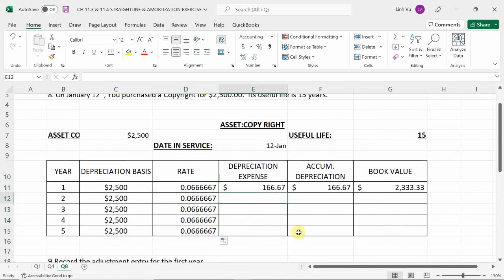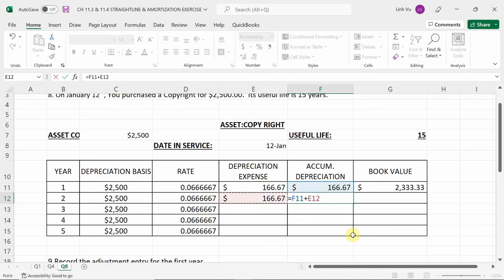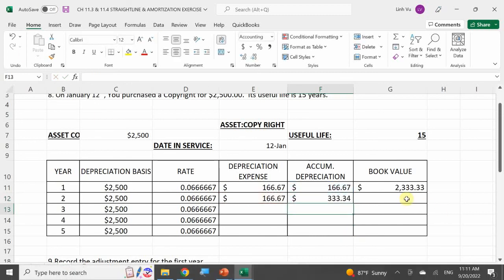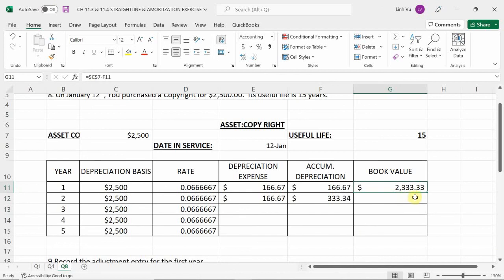So therefore, what's my depreciation expense going to be? $166.67. So therefore, what is my accumulated depreciation? $333.34. Good.